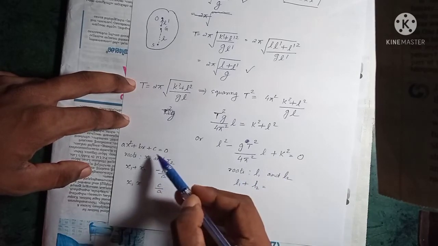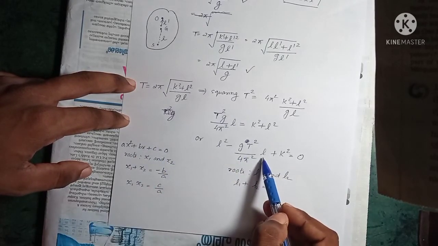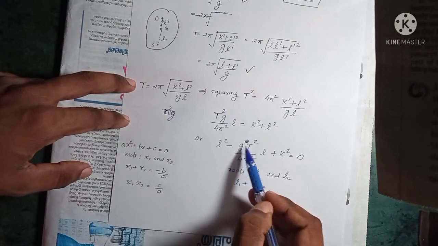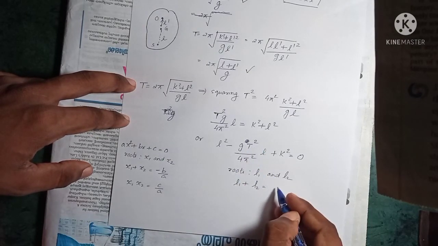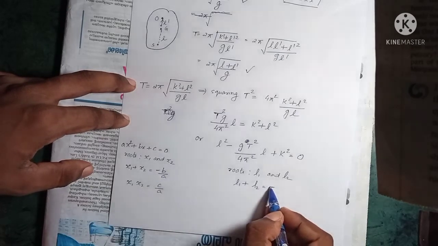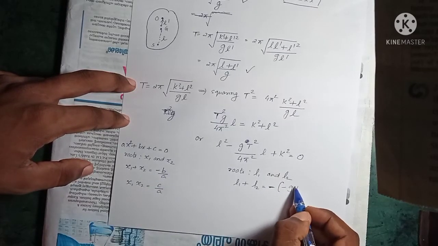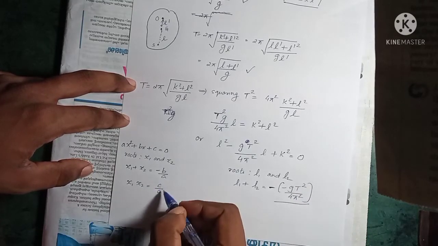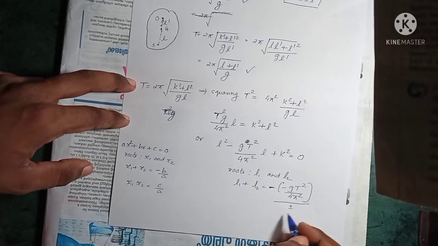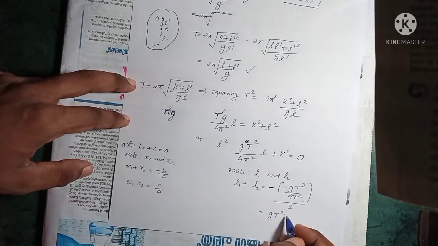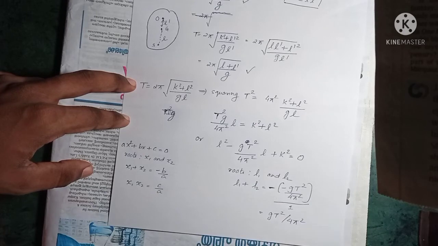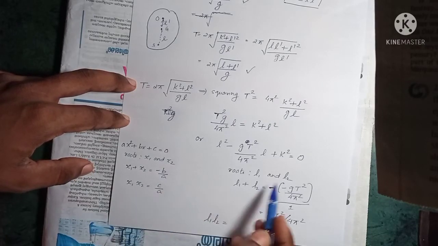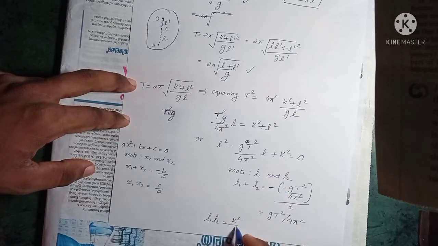Here b is the coefficient of L here, which is minus g T square upon 4 pi square. So minus b upon a, a is the coefficient of L square, which is 1 here. So this will be g T square upon 4 pi square. And the product L1 L2 will be c by a. C is K square here, K square upon 1, which is K square.